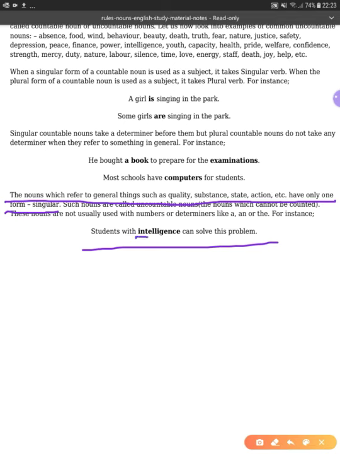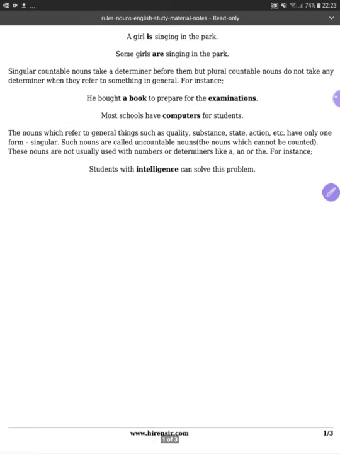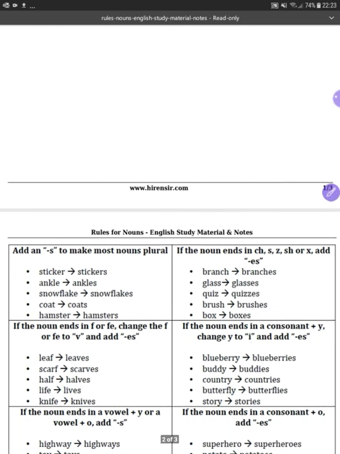That is intelligence. Okay, so what is intelligence here? It is a quality, right? So it is not taking any type of determiners before it. Okay, do you understand? Neither a, nor an, nor the. Now let us move to the next part.